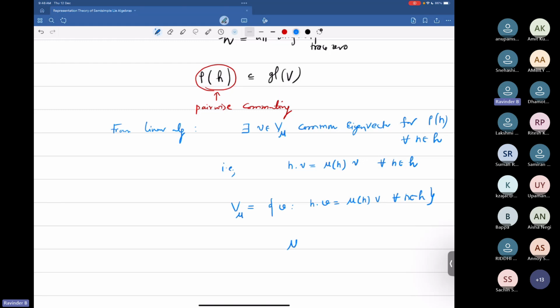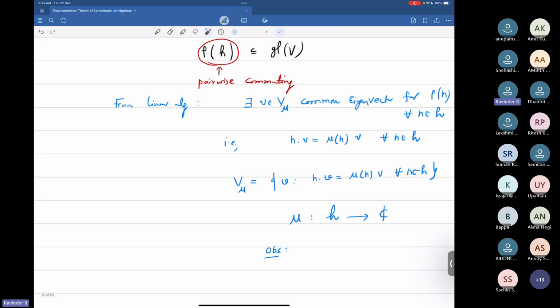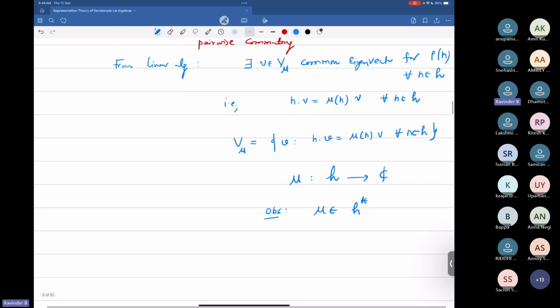That mu is giving an association from all diagonal matrices to eigenvalues. In fact, if you take the sum of two diagonal matrices, h1 plus h2, because this action is linear in the first coordinate, you get that mu is a linear map, meaning it belongs to h star.